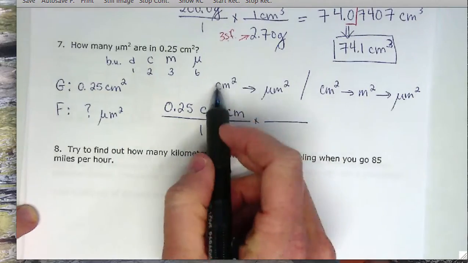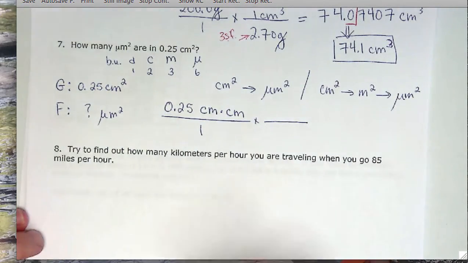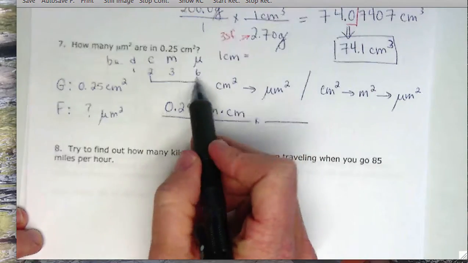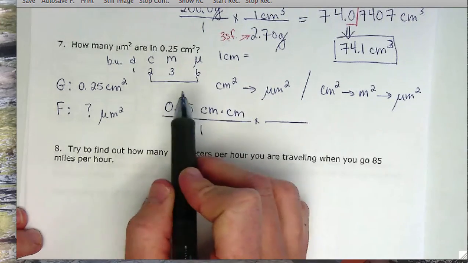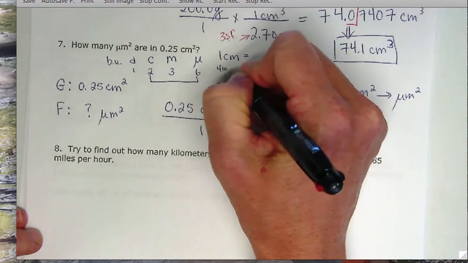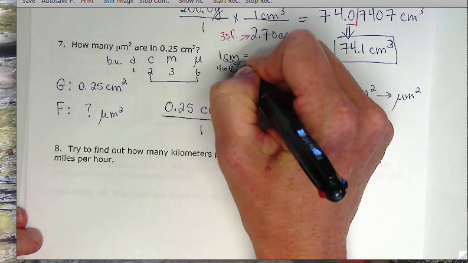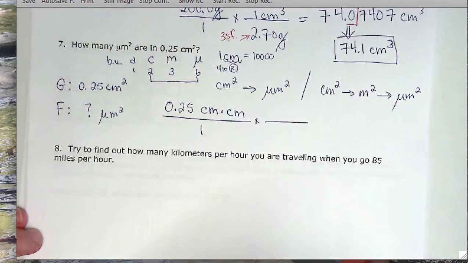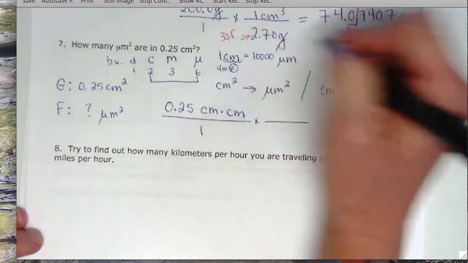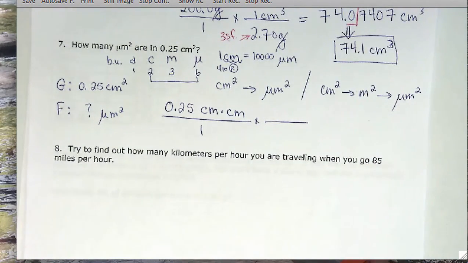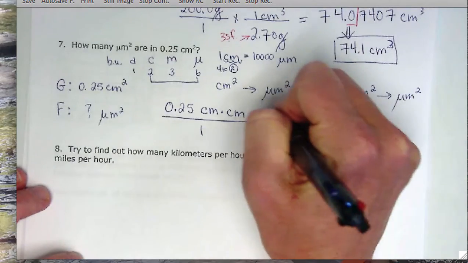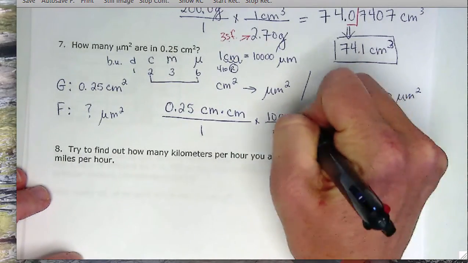And I'm going to go centimeters to micrometers. So 1 centimeter. It's going to be 6 minus 2, so 4 to the right. 1, 2, 3, 4. So 10,000 micrometers. That's my conversion factor for this row. So 1 centimeter equals 10,000 micrometers.